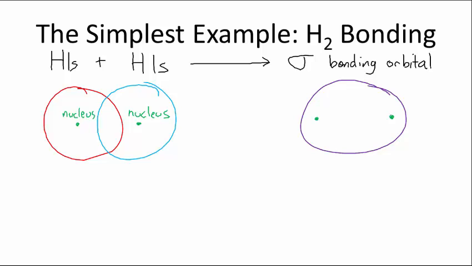Yeah, you could totally draw a little person in there. What we find is there's more electron density between the two nuclei.